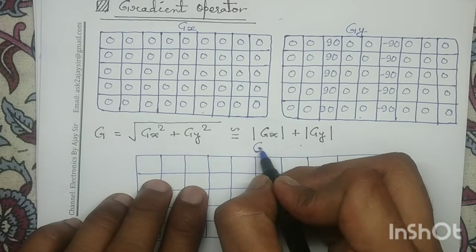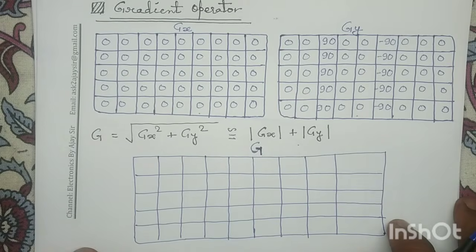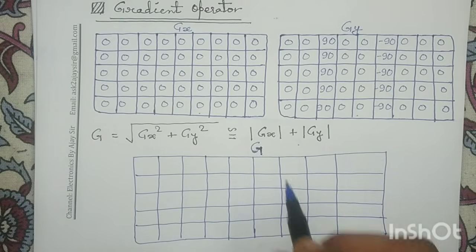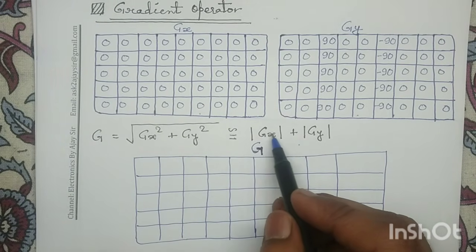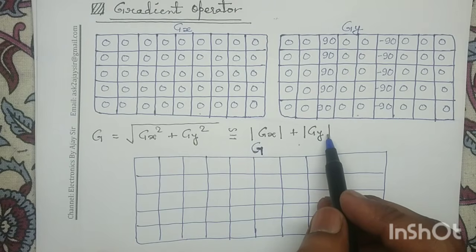So this is the magnitude of the gradient operator, and we will use the approximate equation modulus of Gx plus modulus of Gy.